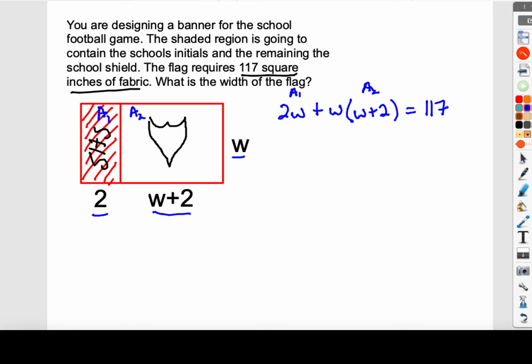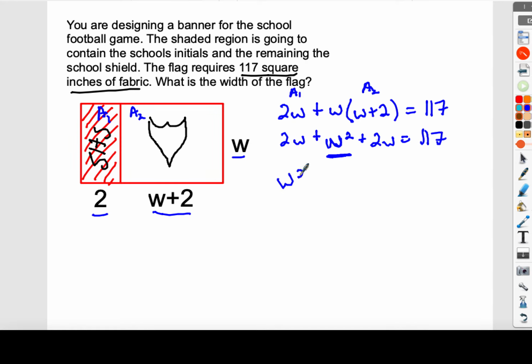In order to solve this, let's clean up that left side a little bit. 2W plus, again we have to distribute, W times W would be W squared, and 2W, again equals 117. We've got a W squared there, which means I'm thinking, let's get this equal to 0. Because one of the easier ways to solve a quadratic equation, or a polynomial with a W squared in it, is to get it equal to 0 and factor.